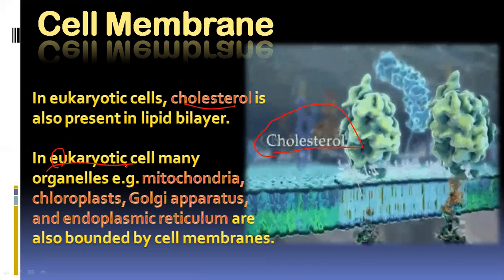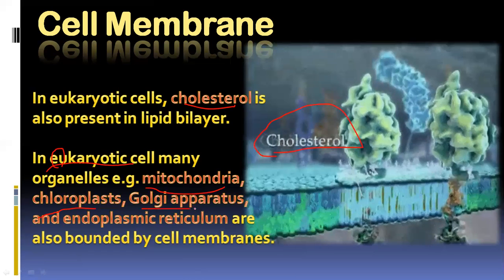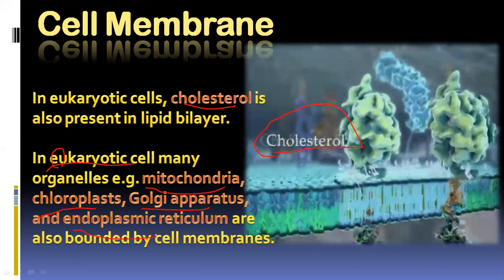The nucleus also has a boundary that is made up of cell membrane. So mitochondria, chloroplast, Golgi apparatus, and endoplasmic reticulum, all have such boundaries, which are made up of these types of cell membranes.